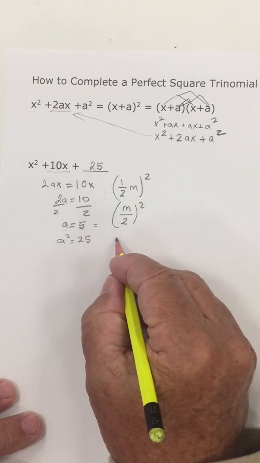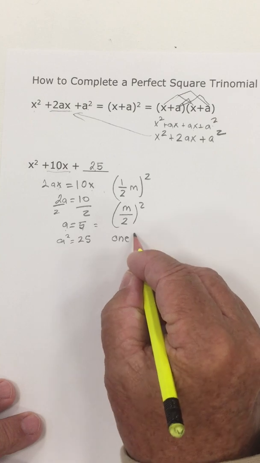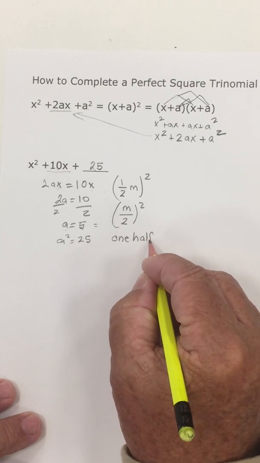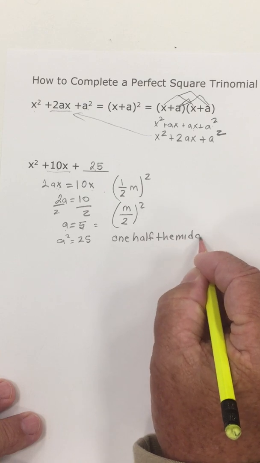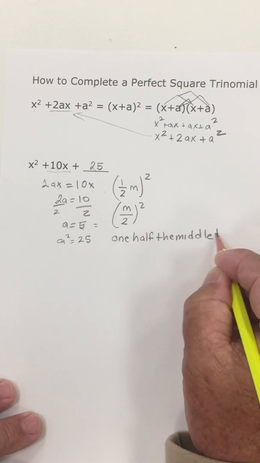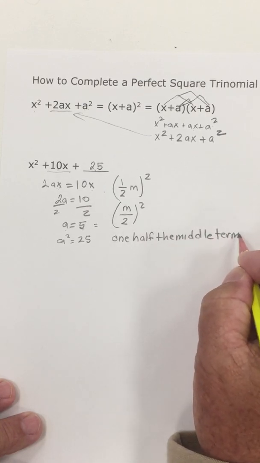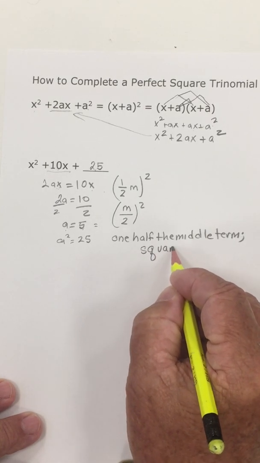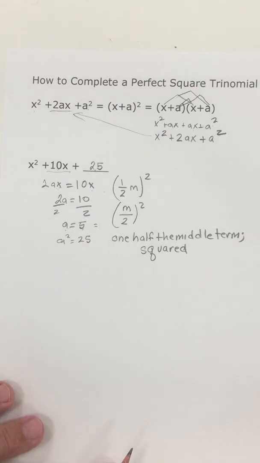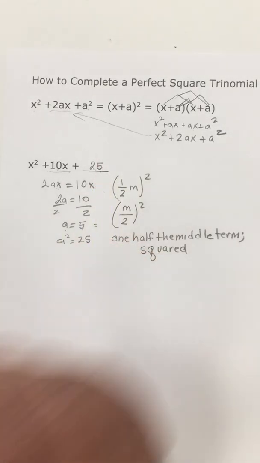Or if we write it out, 1/2 the middle term, squared, gives us our third term here.